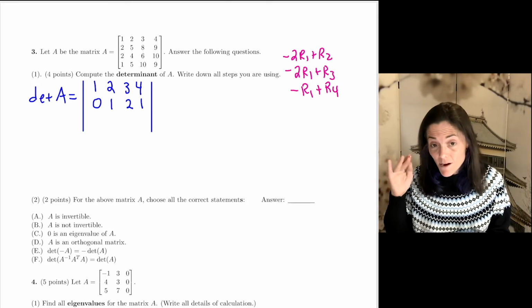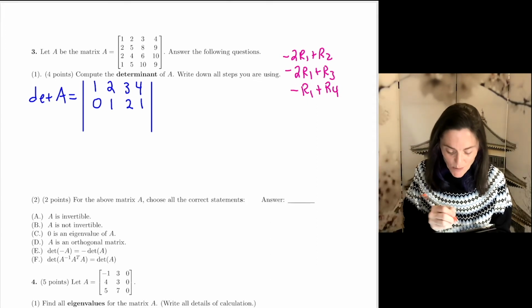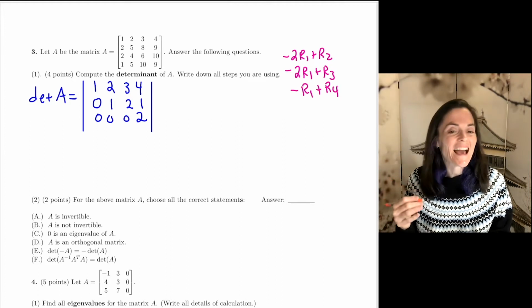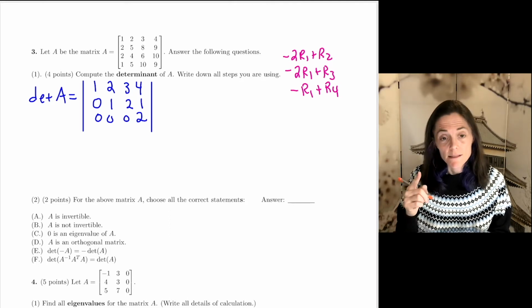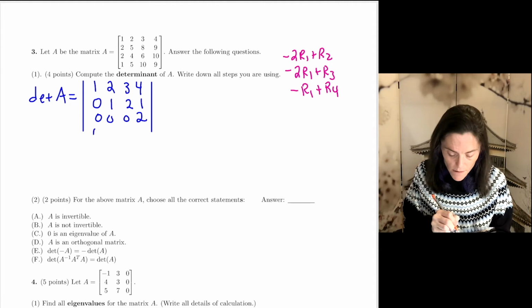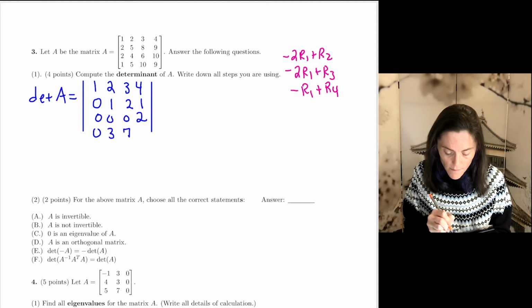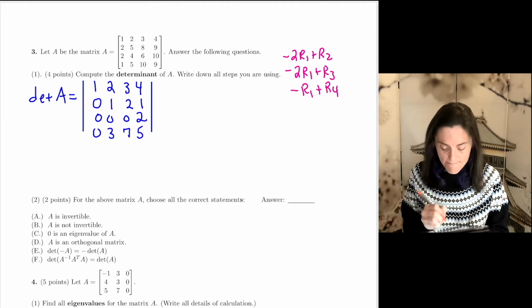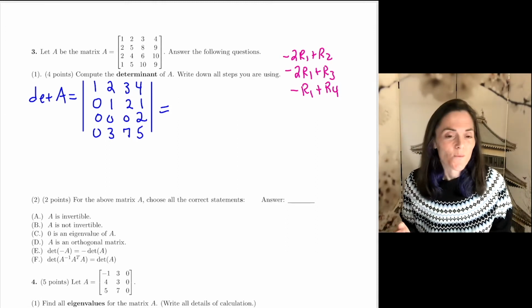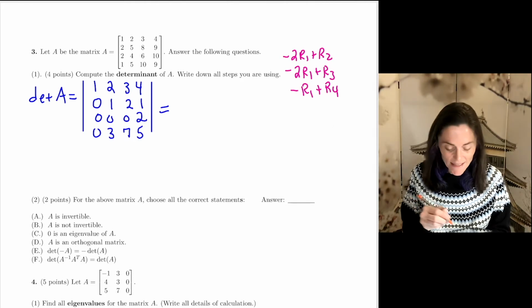This is where I get 0, 0, 0, 2. And then finally, minus row 1, added to row 4, I get 0, 3, 7, 5.